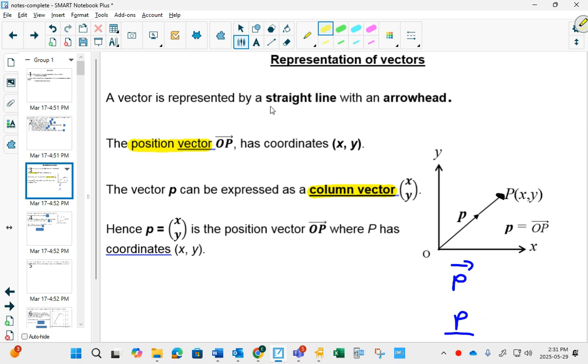The IB textbooks used to like to write it with a bold letter. The problem when writing in your notes is how easy is it to write in bold? You just go over top of it so many times to make it really dark. So then often you'll see a vector with a little arrow above it, or sometimes underlined.